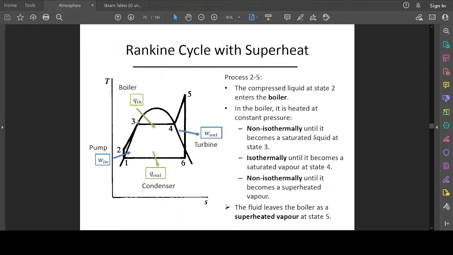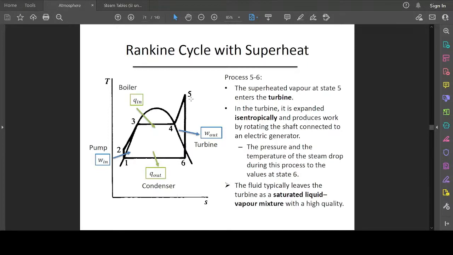Then heat is added isothermally, that is at a constant temperature, as you can see here, until it becomes saturated vapor at stage 4. Now, a non-isothermal heat addition superheats that steam to get a superheated vapor, which gets to the turbine at stage 5.